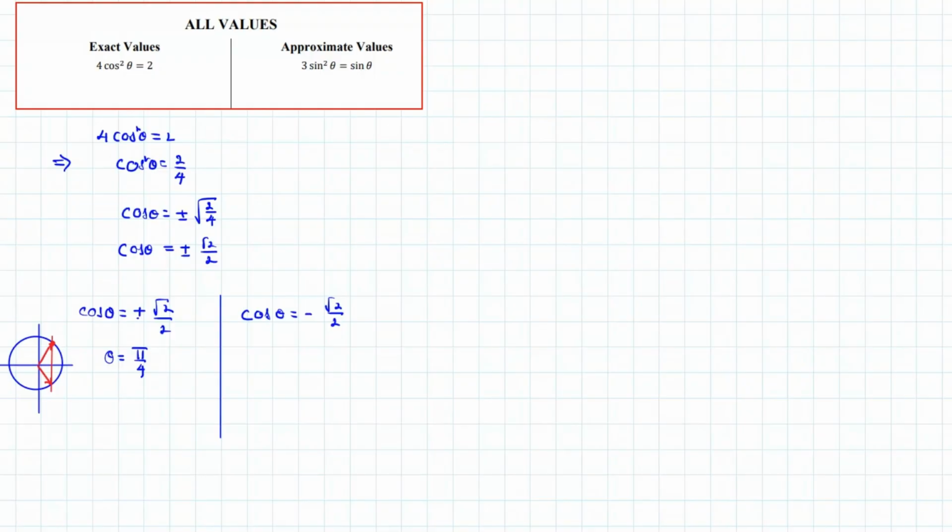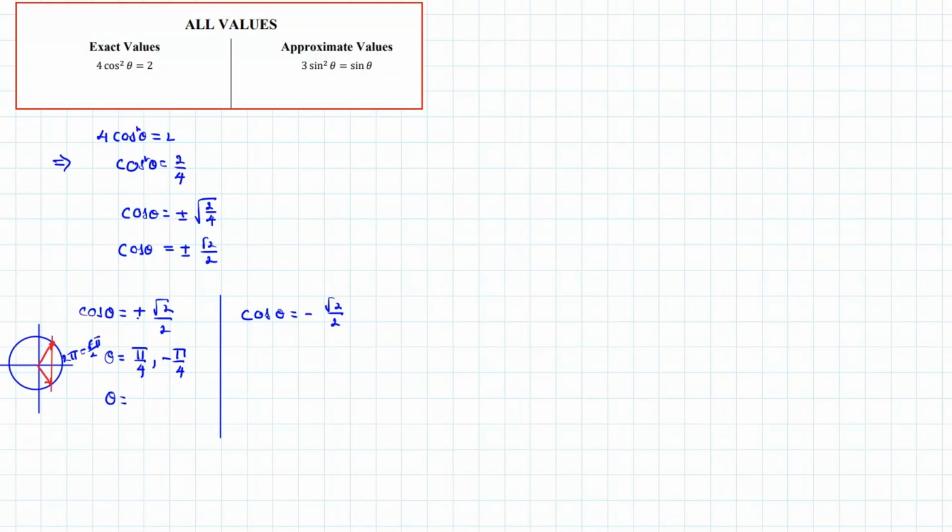But to find the angle which is a positive angle, we subtract from 2 pi, so this one is 7 pi over 4. 2 pi can be written as 8 pi over 4, right? So that is 8 pi over 4 minus pi over 4, that is 7 pi over 4. So we have the angles pi over 4 and 7 pi over 4 whenever cos theta equals positive root 2 over 2.